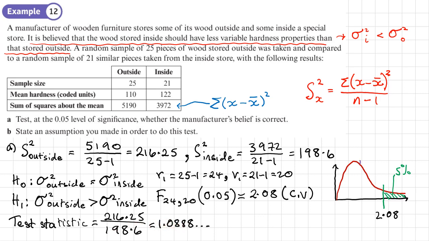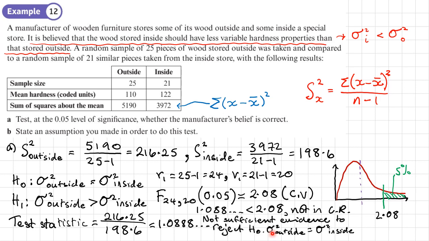So that's going to be sort of here. So 1.088 and so on is less than 2.08, not in the critical region, not enough evidence to reject H0.